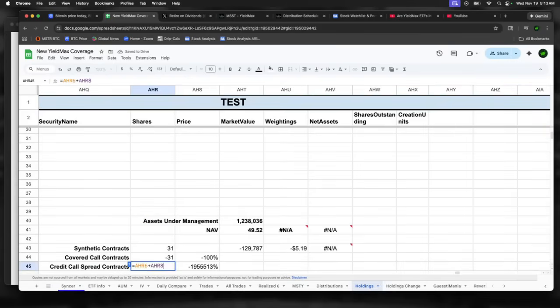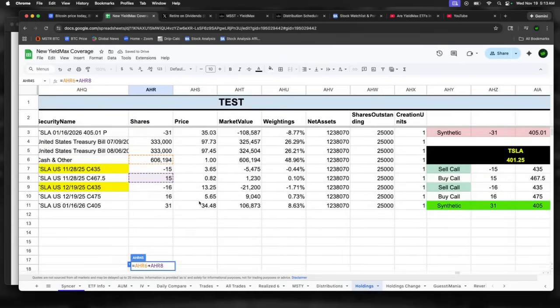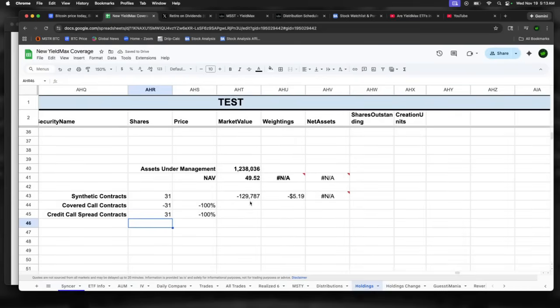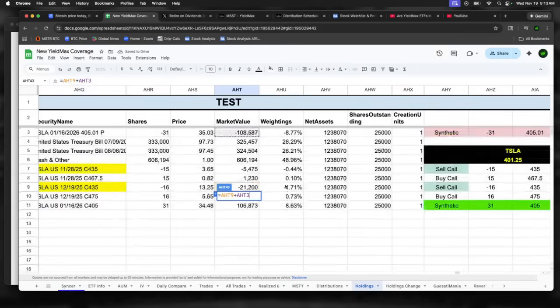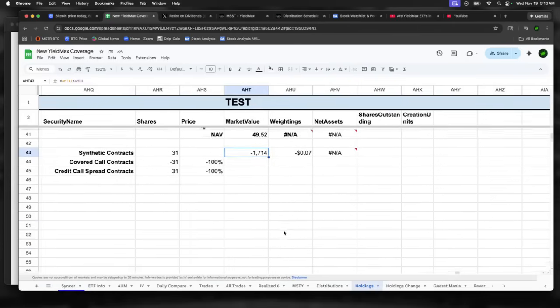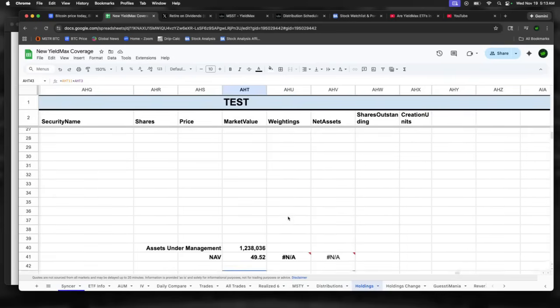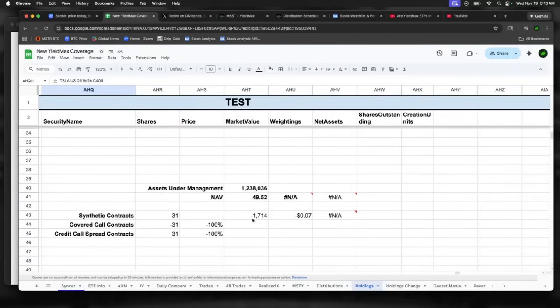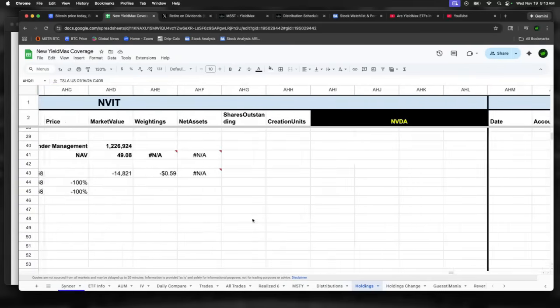So they're trading 100% of the fund, obviously, no surprise there, and then credit call spreads on the whole thing. If we add up the value of the synthetic position, you get negative 1,714. Again, they just opened it. Oh yeah, the synthetic expires January 16th, by the way. So currently the synthetic is negative.